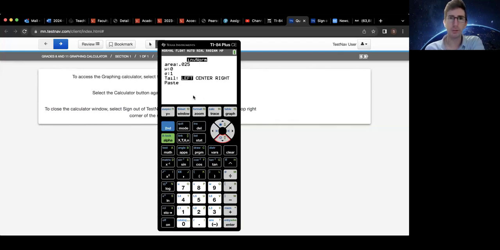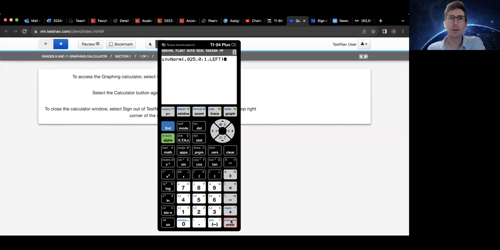Not all TI-84s give you this option. Most TI-84s always default to that area under the curve to the left, right? So that's why I've put that 0.025 there. We're finding the lower z-value, on the left side of that graph, that only had 0.025 or 2.5% of the area under the curve.